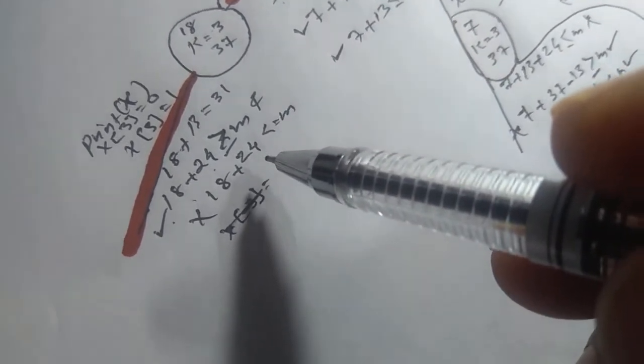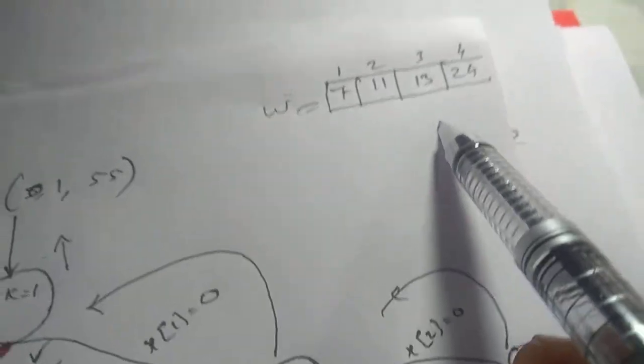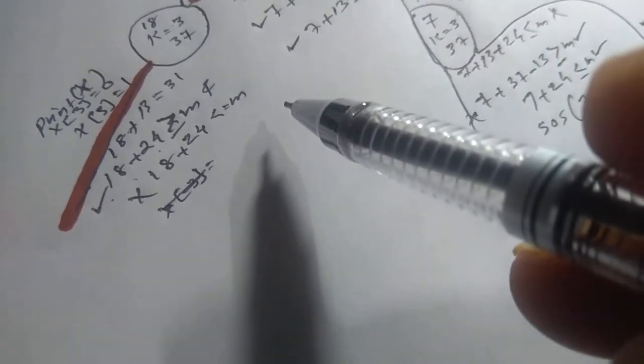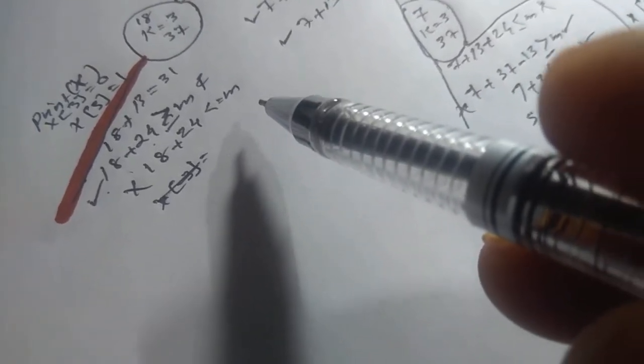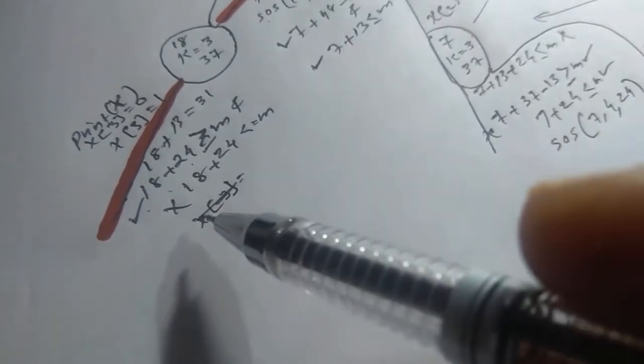And the next condition, that is sum plus wk plus 1. k is 3, k plus 1 is 4. So w4 is 24. So 18 plus 24. Is it less than or equal to m? Our m is 31. Never. So that condition is wrong. So it will never create the right subtree.